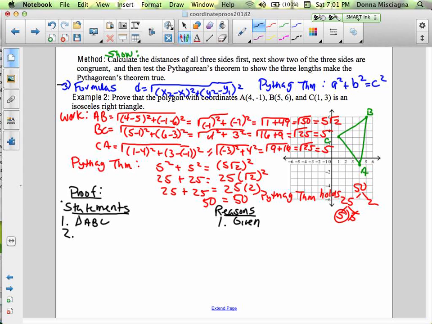Number 2, we know that AB equals 5 square roots of 2, and BC equals 5, and CA equals 5. How do we know that? We use the distance formula.